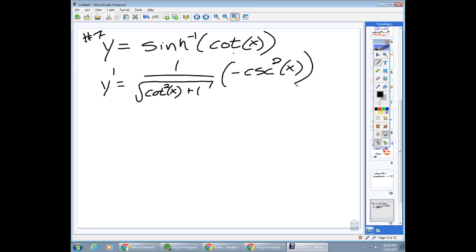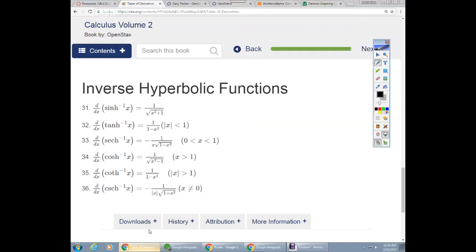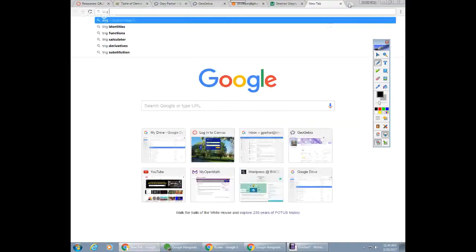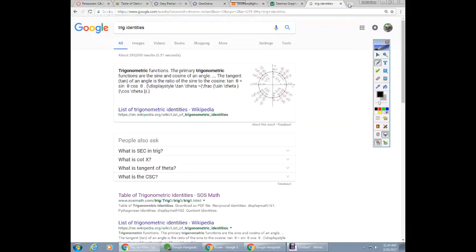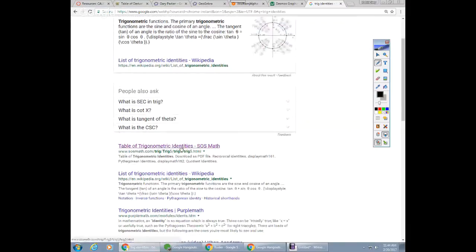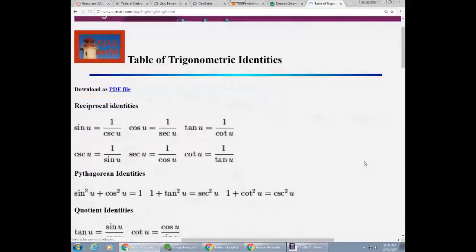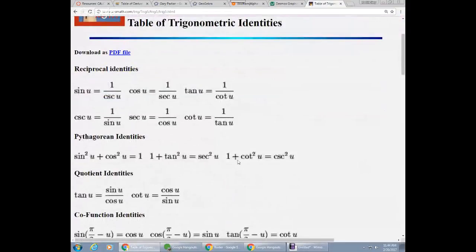Anytime I see a trigonometric function squared plus 1, I think, is this a Pythagorean identity? Sometimes I'm a little rusty on my cotangent versions of those, so I often look them up to be safe. If we look up trig identities, which is one of the most popular Google searches for trig stuff in the world, we get 1 plus the cotangent squared is the cosecant squared.